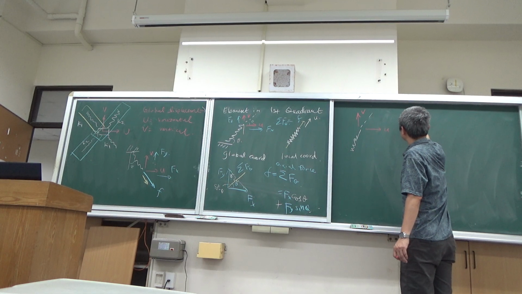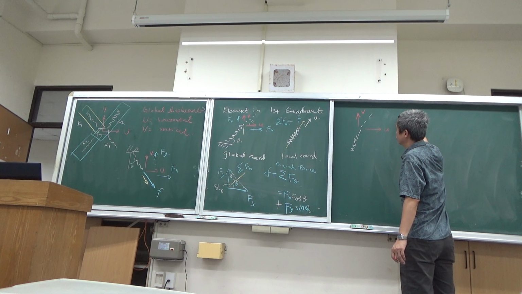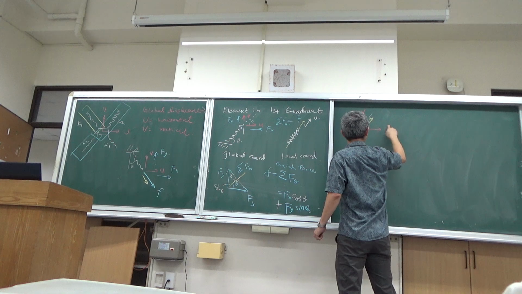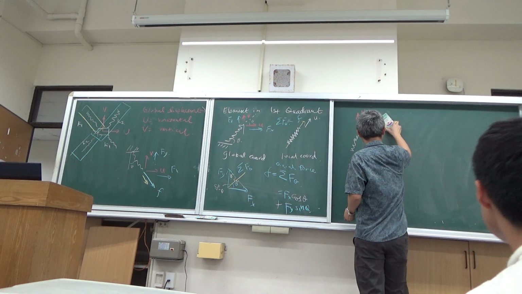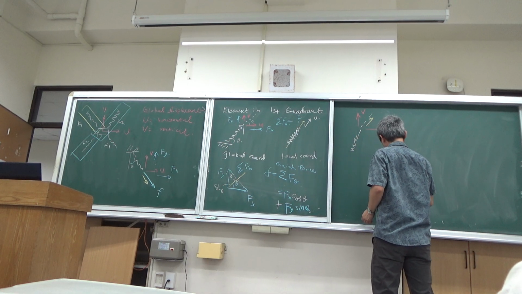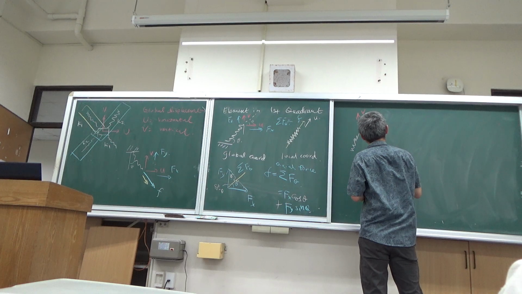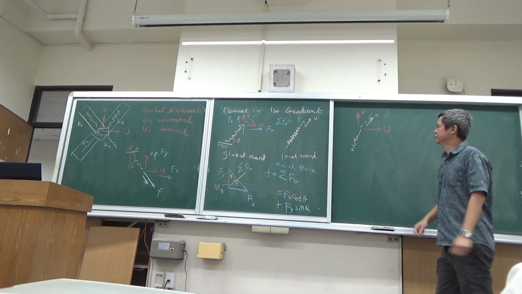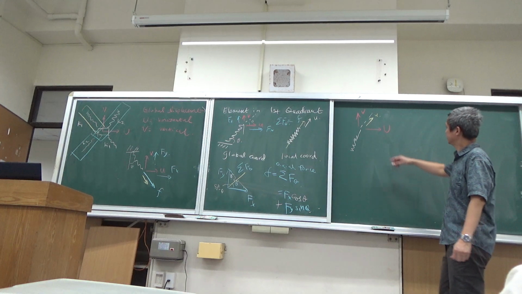Okay, let's see. So this one you have the U. Let me write this in the big U to distinguish from small u. Okay. So in this case, this is still theta.